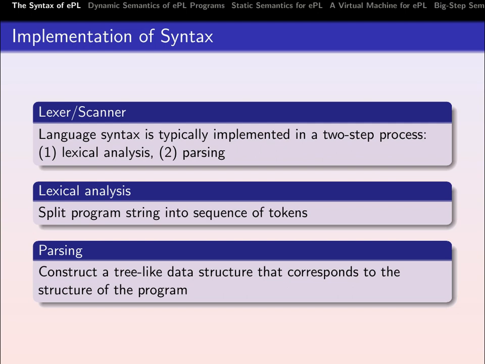And the good news is actually that these two aspects of syntax analysis have been automated a lot. There are very good automated tools for generating a lexical analyzer and a parser for a language. And for most languages in widespread use, these tools already exist.